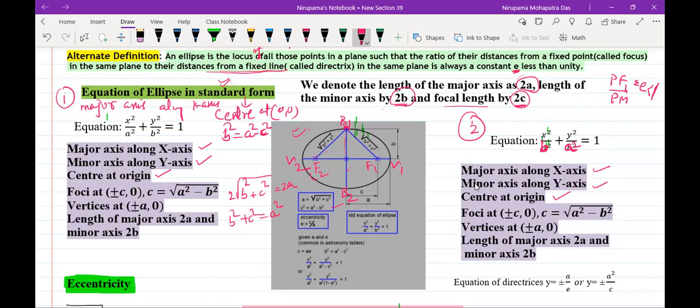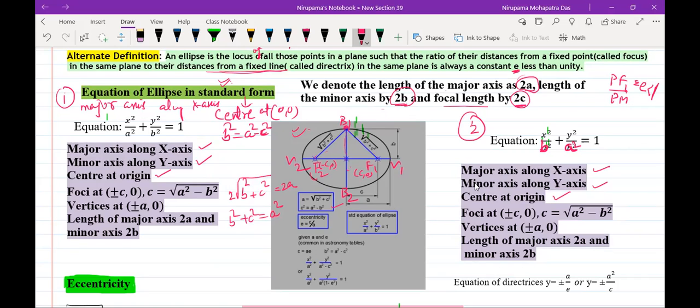Here the equation is x square by a square plus y square by b square equal to 1. The major axis is along the x-axis, the minor axis along the y-axis, center at origin, foci at (±c, 0). It means if this is (c, 0), this is (−c, 0).